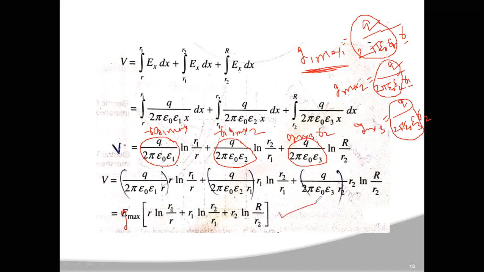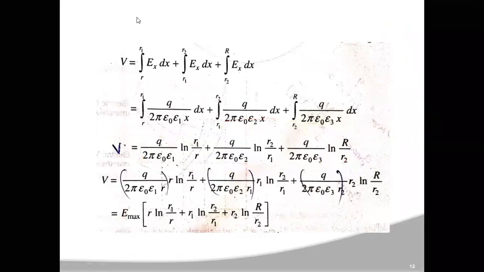If they were not given the same maximum stress, you have to consider the expression directly: r into G1 max into ln R1 by r, plus R1 into G max 2 into ln R2 by R1, plus R2 into G max 3 into ln capital R by R2. So this voltage I am going to use there.